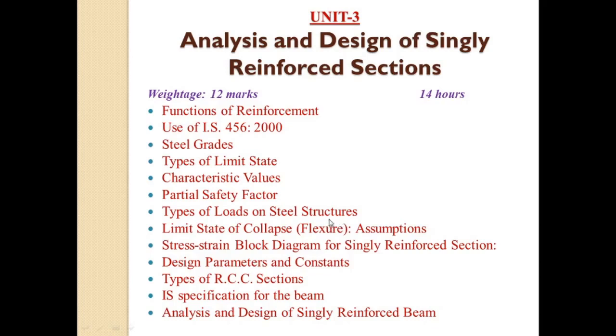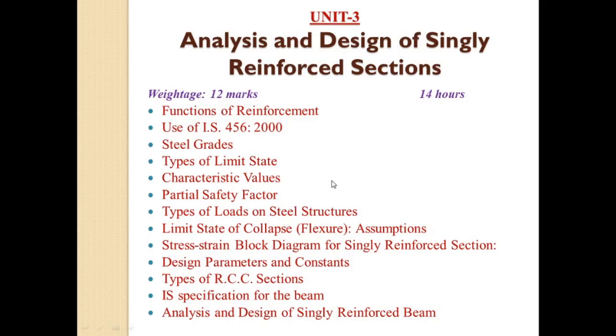Then design various beam sections for the given condition, that is singly reinforced sections, and also draw the reinforcement detailing for the given element as per the IS provision, or they should be able to identify the given section as under reinforced or over reinforced or balanced section. So after studying this unit number 3, students should be able to achieve these course outcomes.